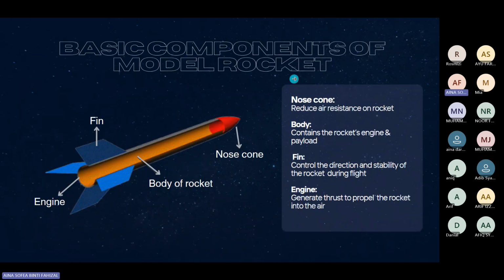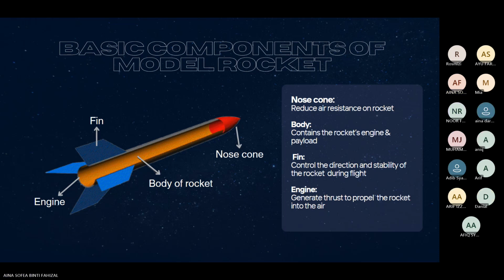Okay, so now we go to the basic components of a model rocket. The difference between a model rocket and an actual rocket is the altitude. A model rocket goes only within the Earth's atmosphere, but an actual rocket will go out of it. The very first basic component of a model rocket is the nose cone.